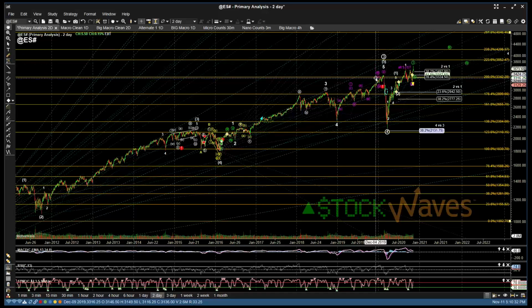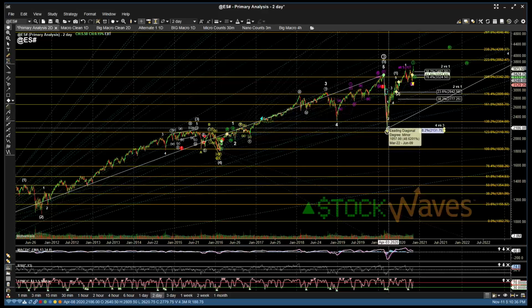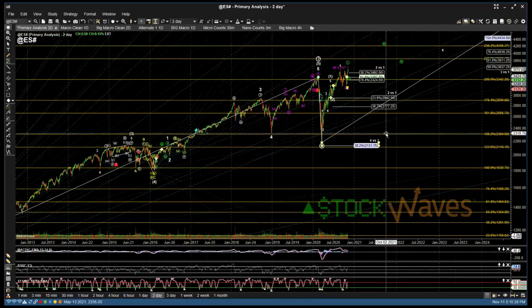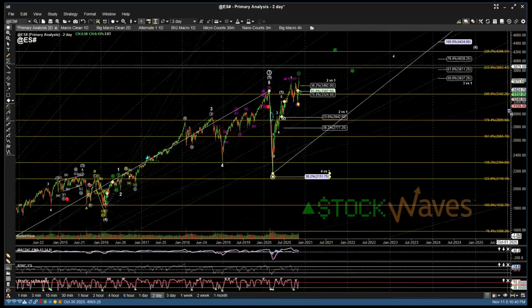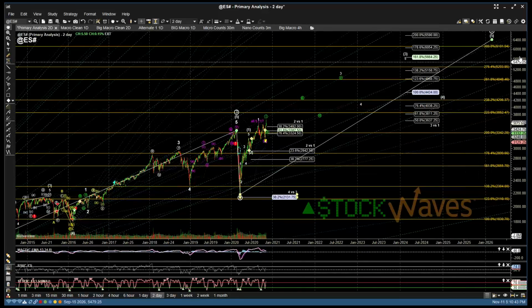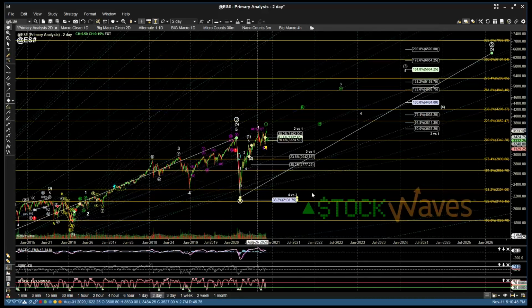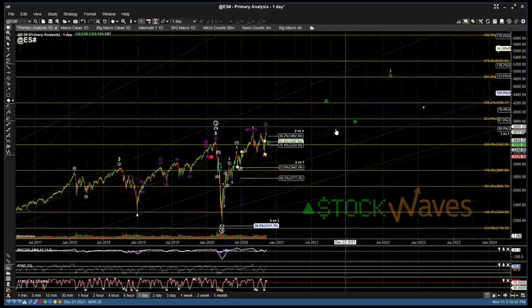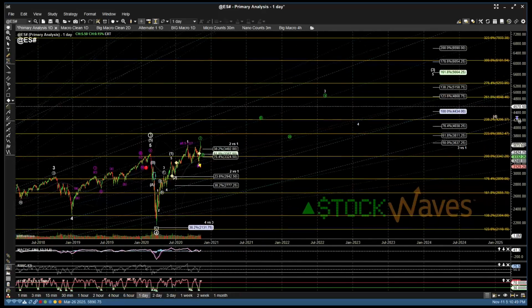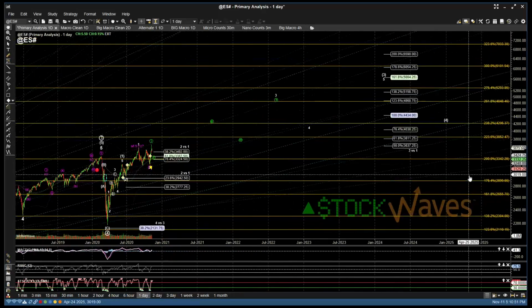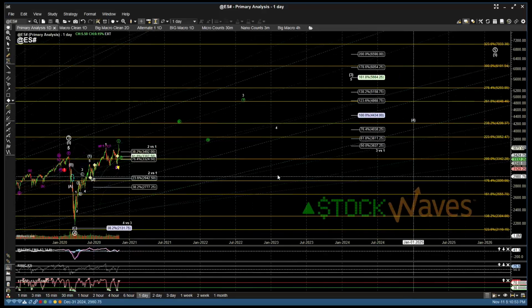For our purposes, that really doesn't matter because both of those end up with the primary wave 4 being right here, and still looking for a very extended move for the primary wave 5. So inside that primary wave 5, we've been working off the assumption that we are still early on in a very extended move.